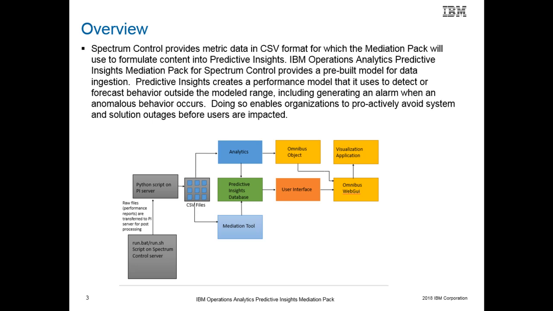The diagram at the bottom of the slide shows that scripts running on the Spectrum Control server retrieve Spectrum Control metrics, which are then transferred to the Predictive Insights server. A Python script that runs on the Predictive Insights server then formats the metrics into 5-minute interval CSV files, which are then ingested by the Predictive Insights product.